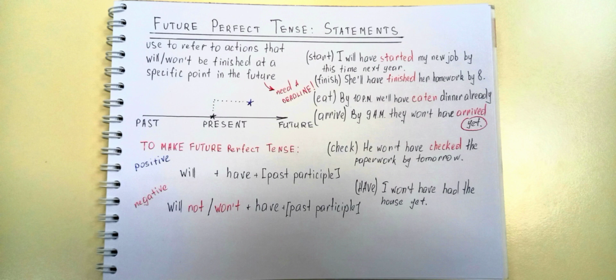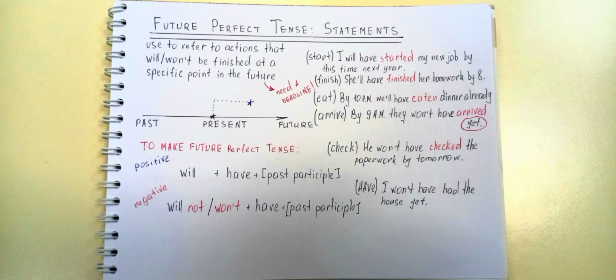So here we see an action that will not be complete by our deadline. So by 9 a.m., in this case, some people we are expecting to come will not be here. They won't have arrived yet.